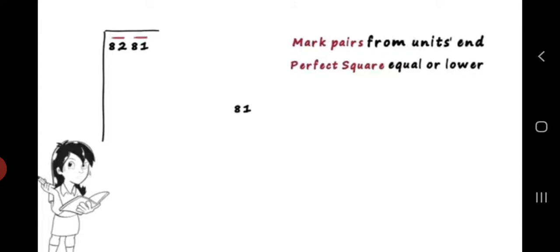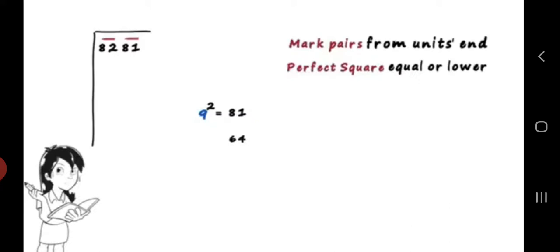You all know a perfect square equal to or lower than 82 is 81. 64 is also a perfect square and it is also less than 82, but it is not just lower than 82. The perfect square just lower than 82 is 81. So we shall take 81.